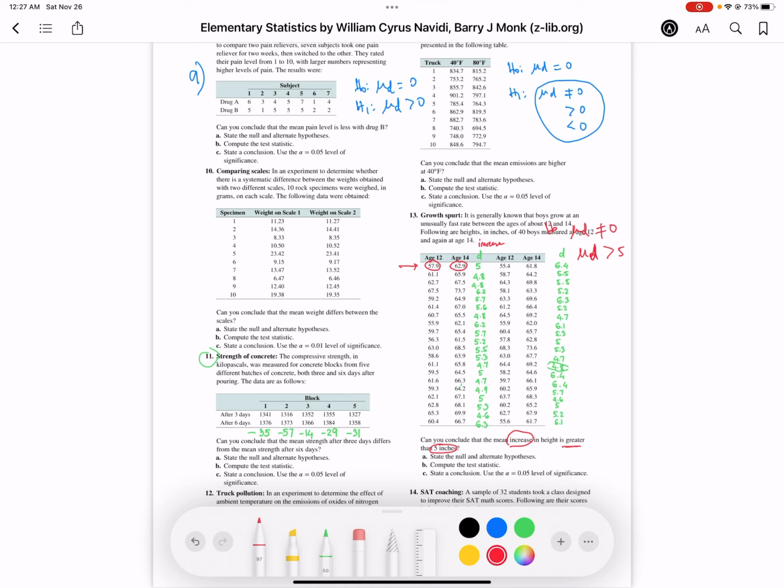So I have the real numbers here, so I just do the subtraction, 62.9 minus 57.9. In this case, we will do age 14 minus age 12, and we got all of the real numbers. For more details on this problem, I will solve it in another video.